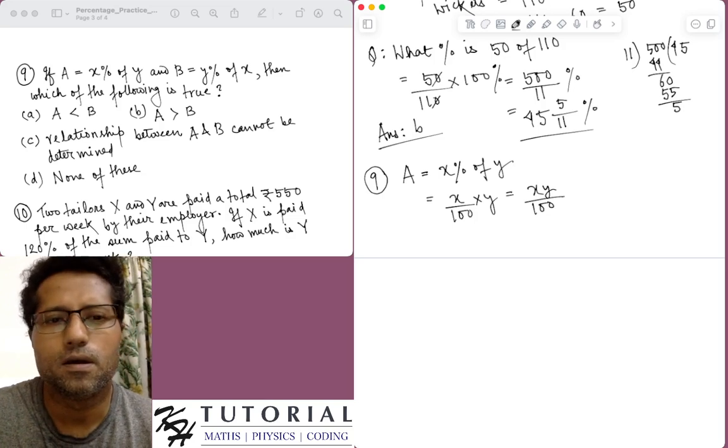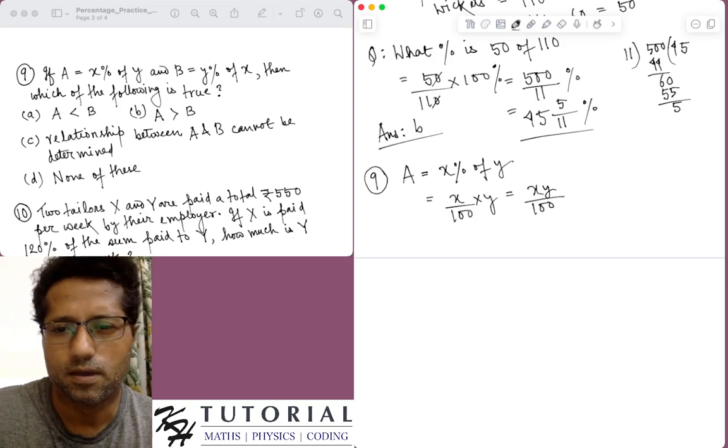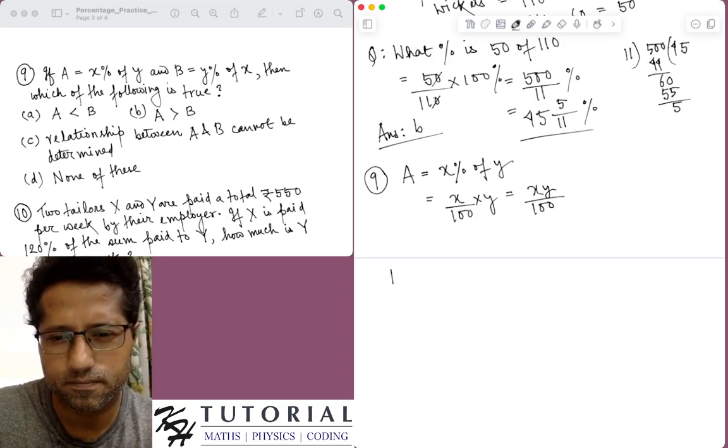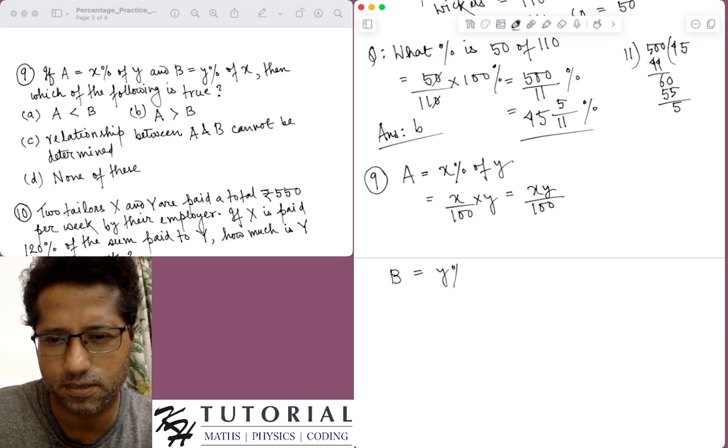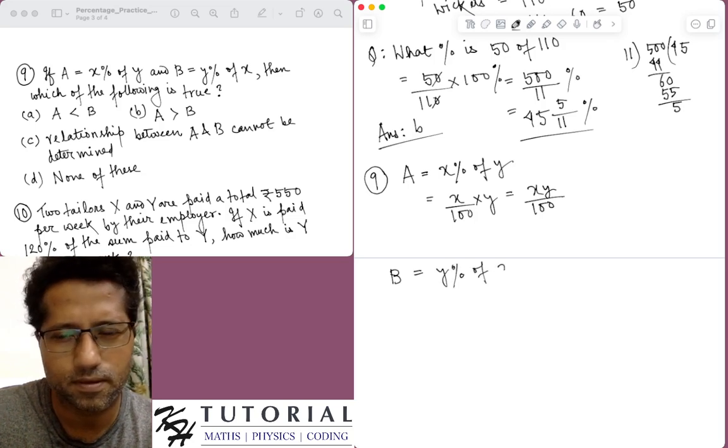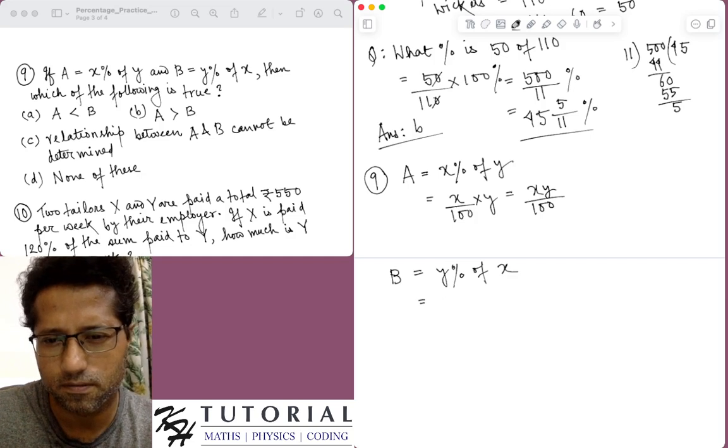Now what is B? B is given to be Y percent of X. This implies Y by 100 into X. This is YX by 100.